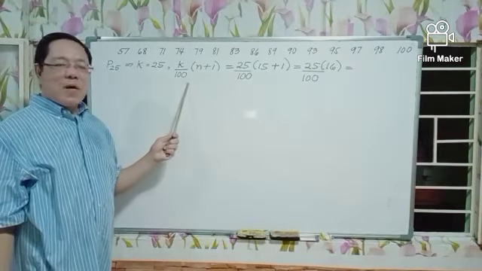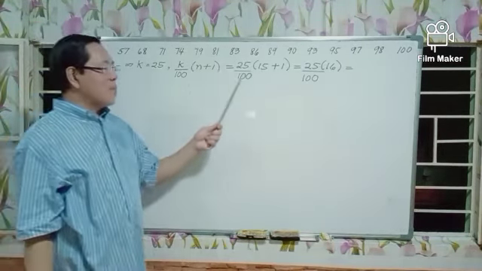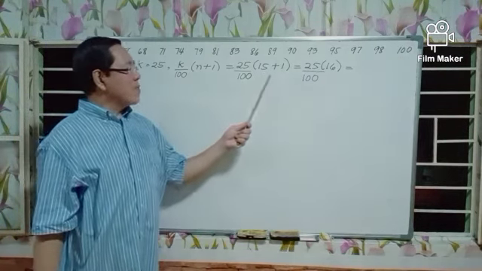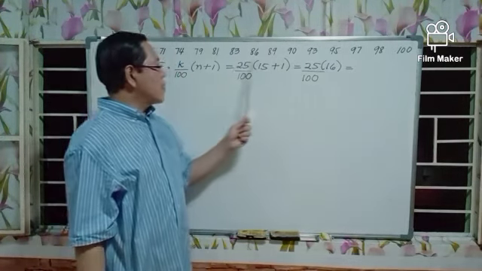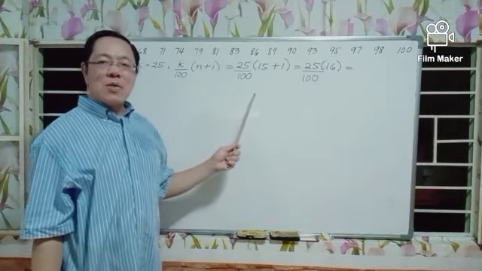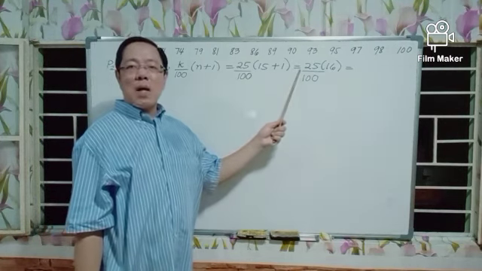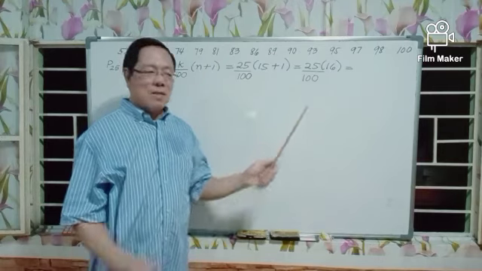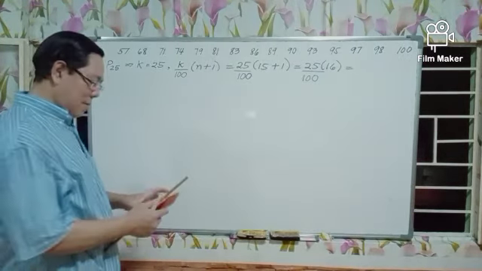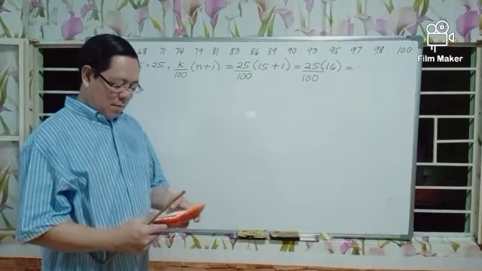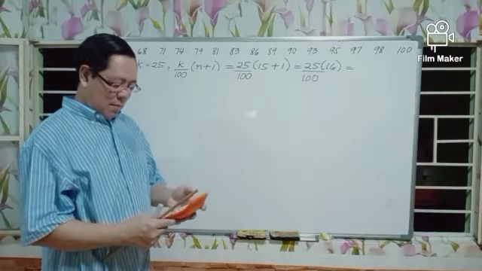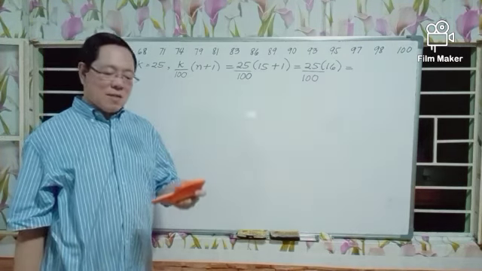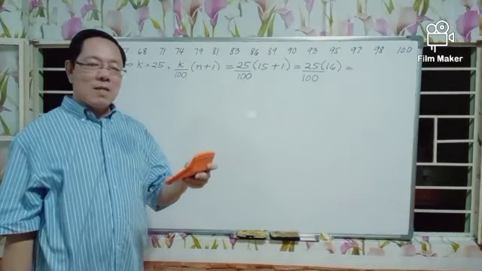For k equals 25 and n is 15, we have 25 over 100 multiplied by quantity 15 plus 1. And 15 plus 1 is 16. Using your calculator, multiply 25 by 16 and divide the product by 100. 25 multiplied by 16 is 400.